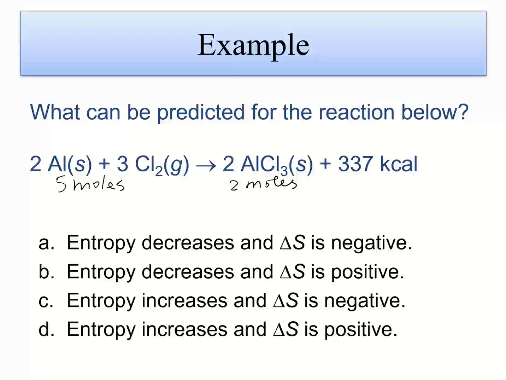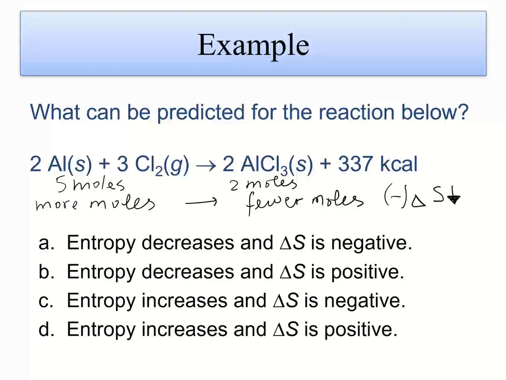So we go from more moles to fewer moles, which means that the entropy decreases in this case. And a decrease in entropy is going to be shown with a negative sign. So A is the correct answer: entropy decreases, and delta S is negative.